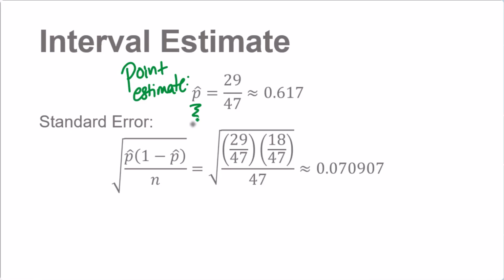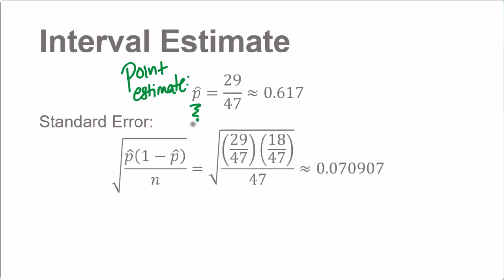If I took a different random sample with size 47, how far away would we expect that to be? Now, obviously, this is a random process, so we don't know exactly, but the average deviation, or the standard error in this case, is calculated with this formula, square root of p hat times 1 minus p hat over n. P hat is 29 over 47. 1 minus p hat would be 18 over 47, or you could use the decimal versions of each of those. The n value is 47, that's our sample size.